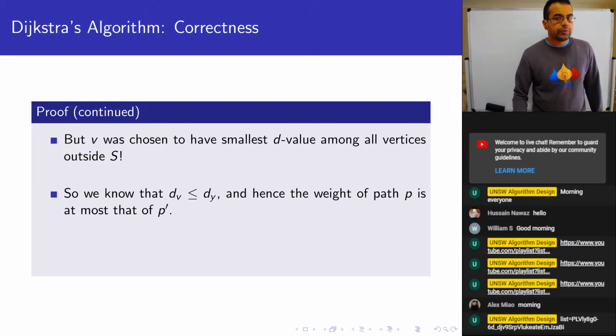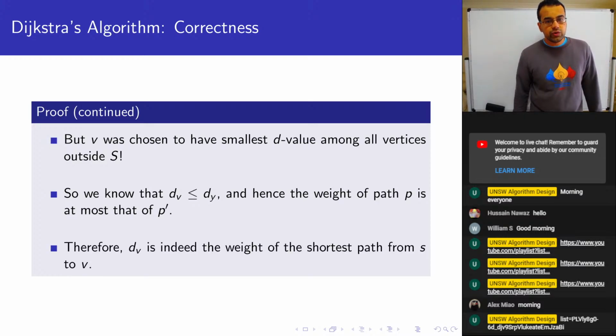The left-hand side term is the weight of path P, and the right-hand side term is a lower bound for the weight of path P dash. And therefore, d sub v is correct. It's the shortest path from S to V because it can't be beaten by any other path from S to V that goes outside S elsewhere.